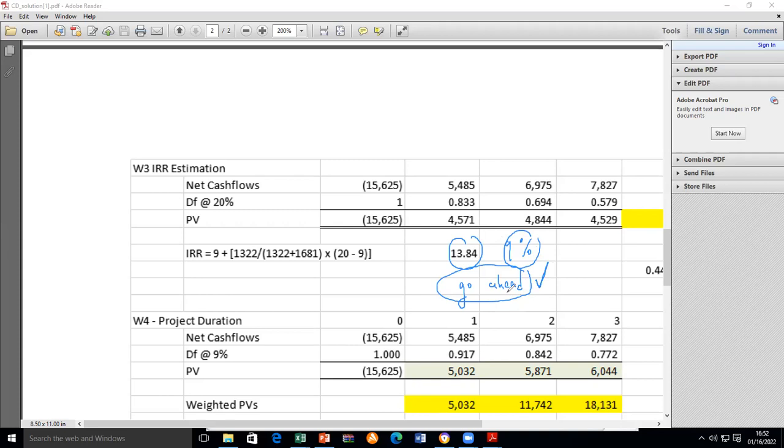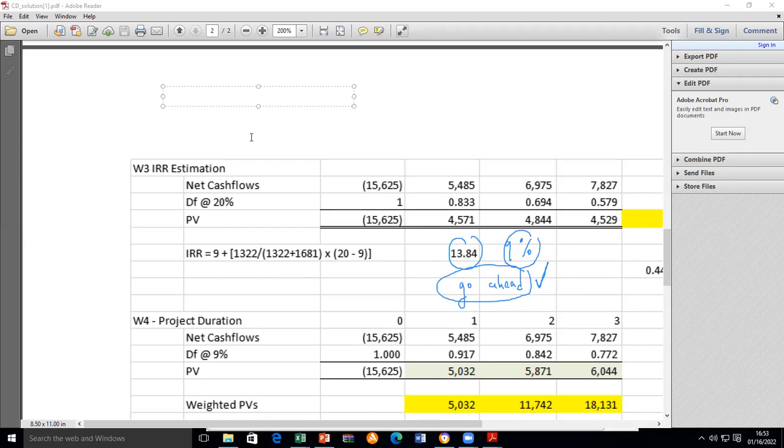Now, why do we have to go a step further and calculate modified internal rate of return? The answer is, there are two notable weaknesses with the traditional internal rate of return.